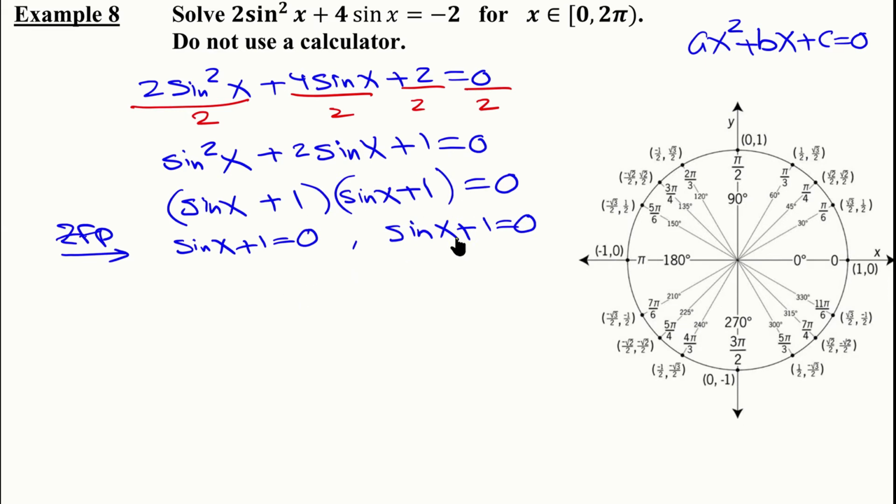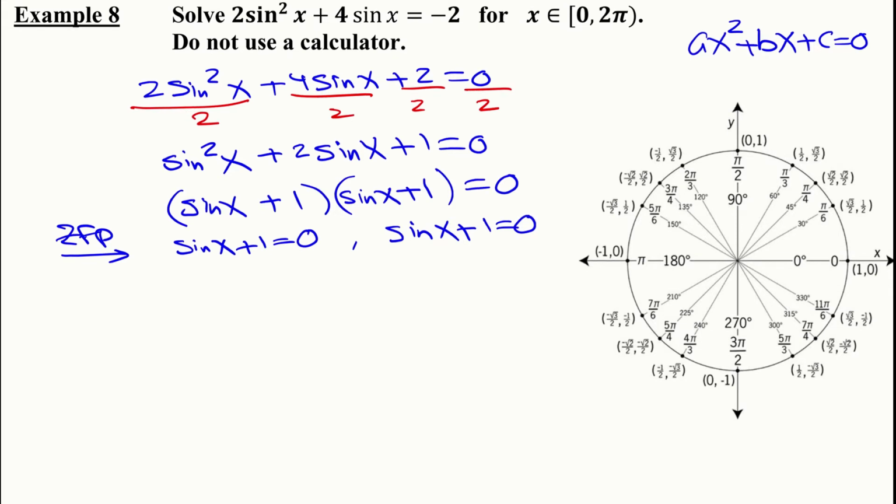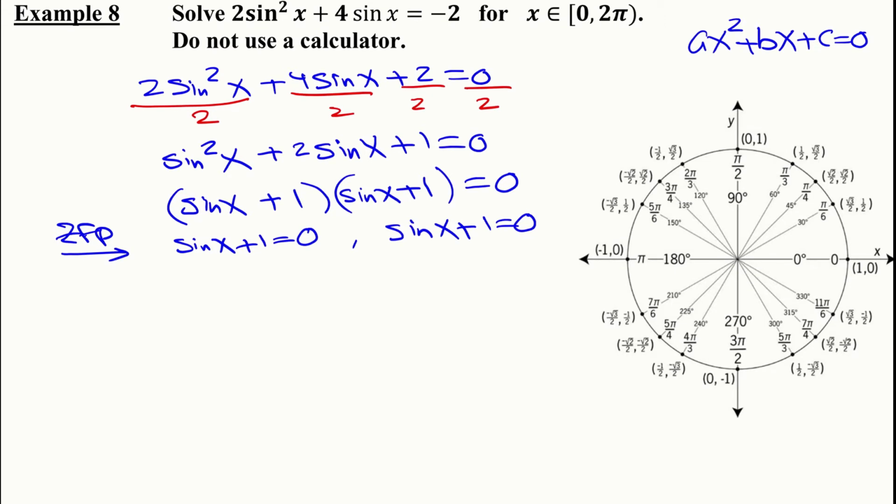We really didn't need to write it twice, but we did just for the sake of displaying that the root that we're going to get is what's considered to be a double root, because it will become a root of this solution twice. So we get sine x equals -1. Obviously we don't need to solve both of those, they're the same equation.